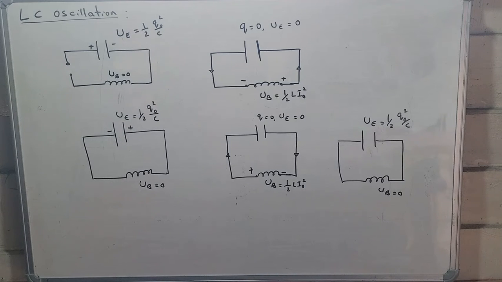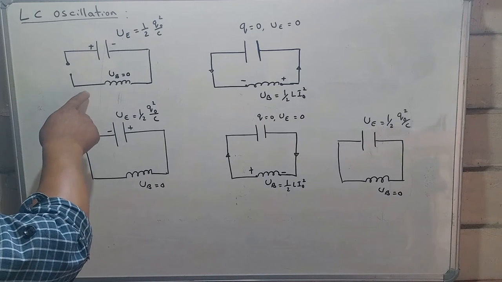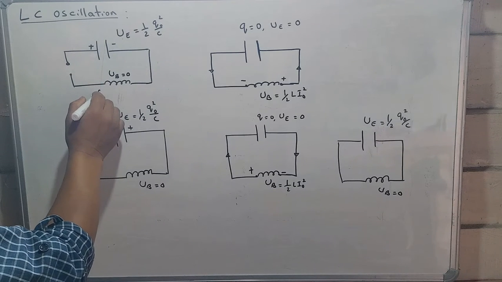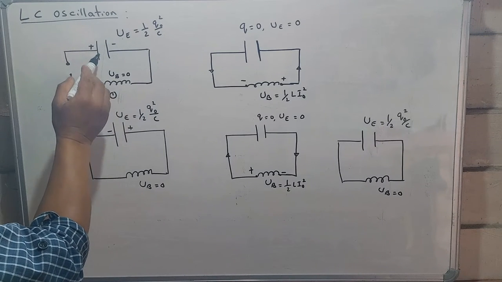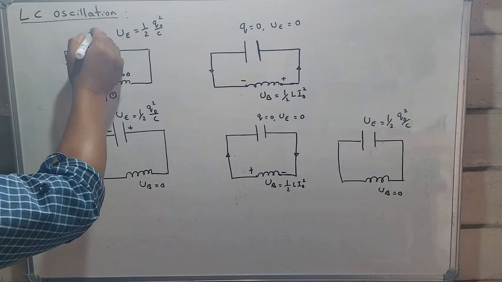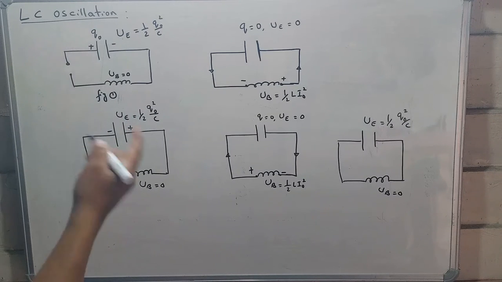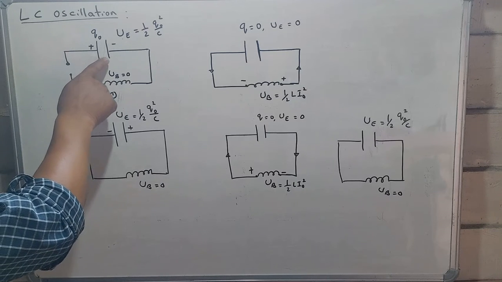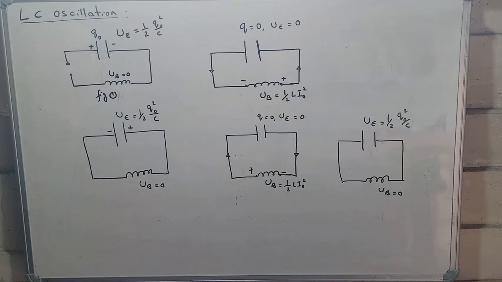Alright, so let us look at figure 1. In this figure, I have a capacitor, and this capacitor is fully charged up to a charge Q naught. This plate is positive and this one is negative.